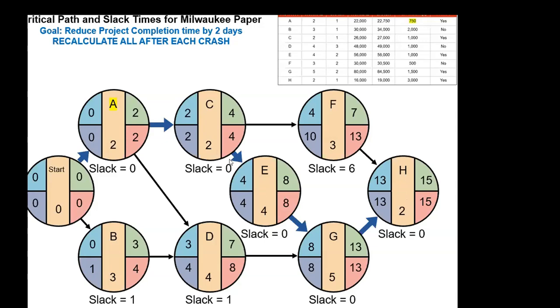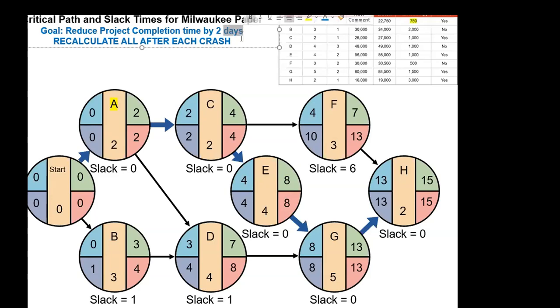As a result, we have to find our crashing activity from the critical path. And I just told you on the critical path, A is the one that you can crash. And we want to crash by 2 weeks, right? This is 2 weeks.